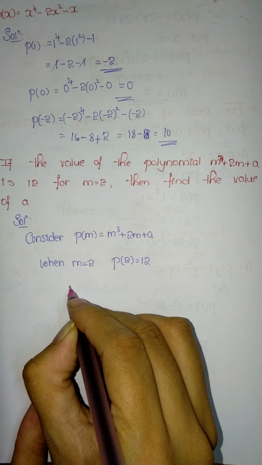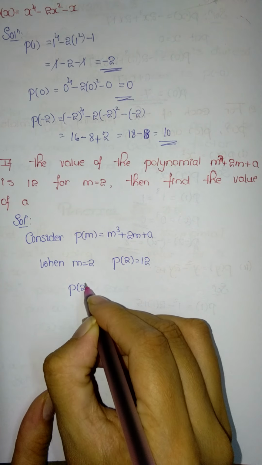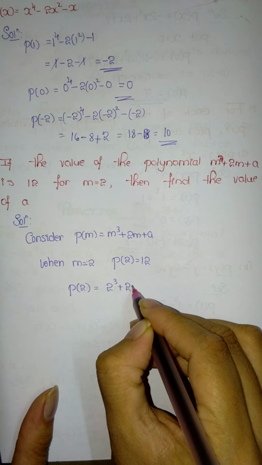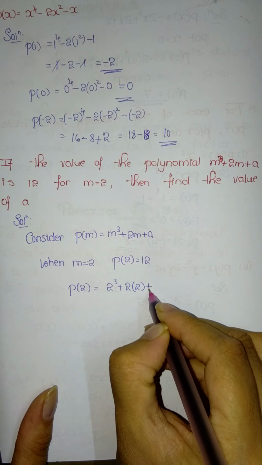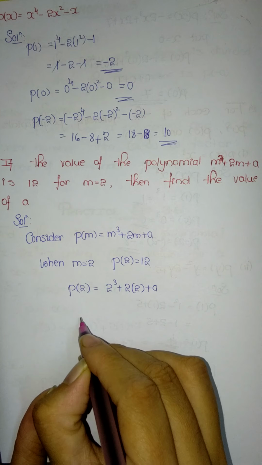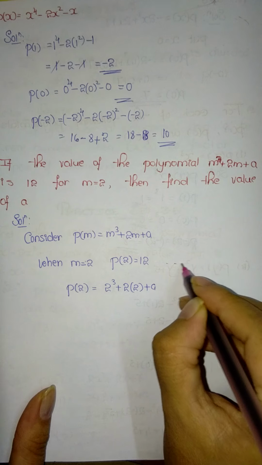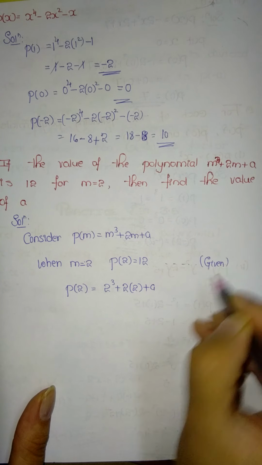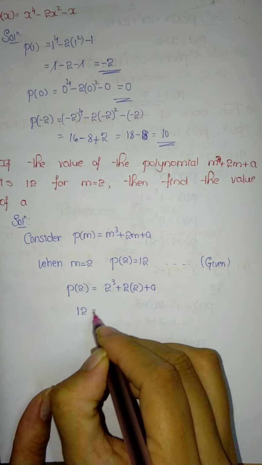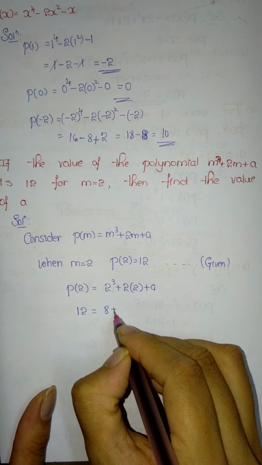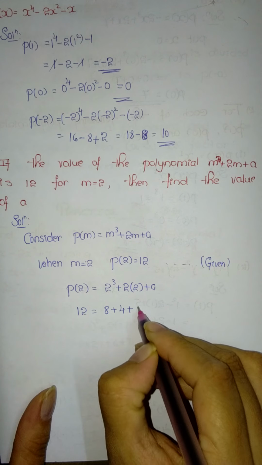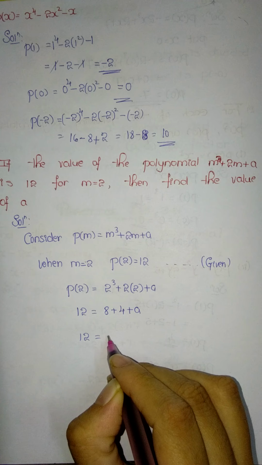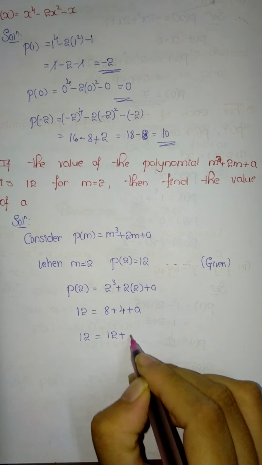So here p of 2 equal to 2 cube plus 2 into 2 plus a. So p of 2 already given, that is 12. So 12 equal to 2 cube is 8 plus 2 2 is a 4 plus a. So here 12 equal to 8 plus 4 is 12 plus a.